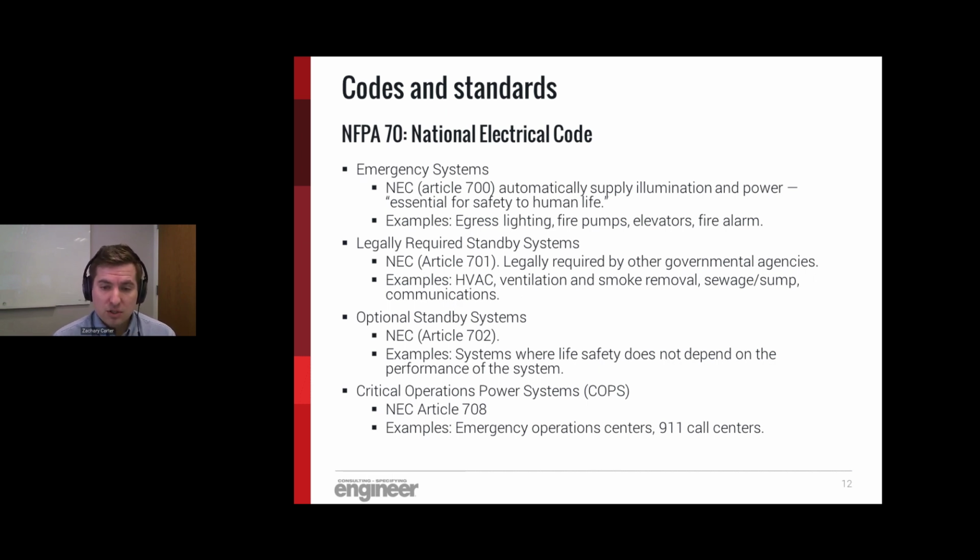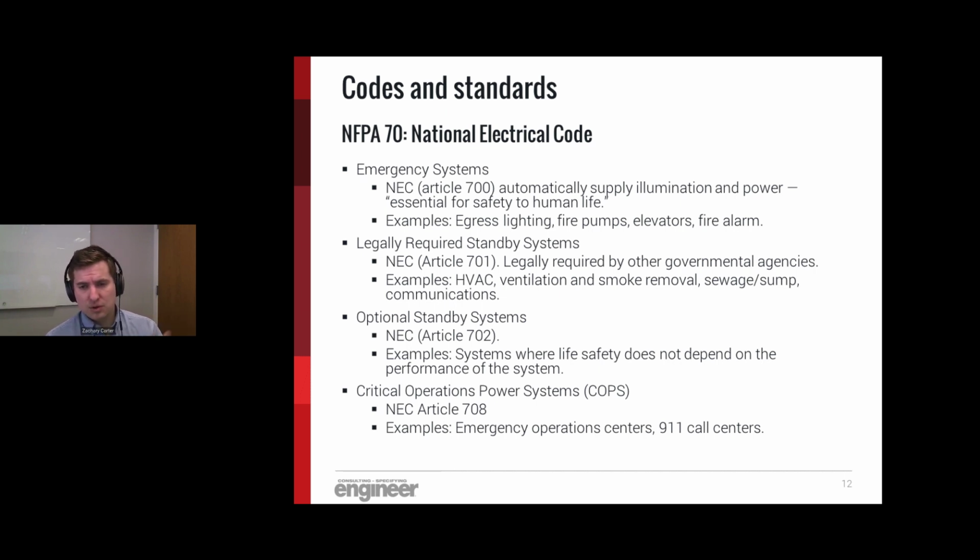Legally required systems are maybe a tier down from the emergency systems. These are systems that are intended to automatically supply select loads other than the emergency systems in the event of a failure of the normal source. The best example that I can give for a legally required system is a project that I did recently in Florida, where we had multiple branches: 700, 701, 702.